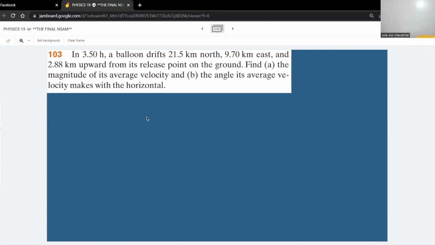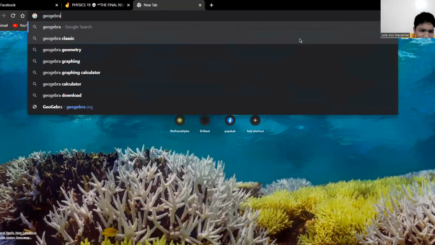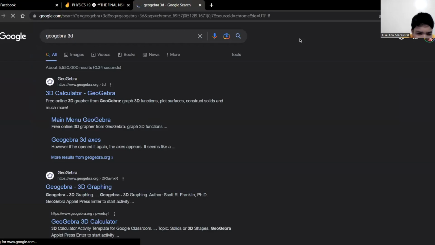So the magnitude of, gawa ka kaya ng coordinate system. So yung XY, that's going to be for north and east. Where is GeoGebra? Tapos may up pa, di ba?